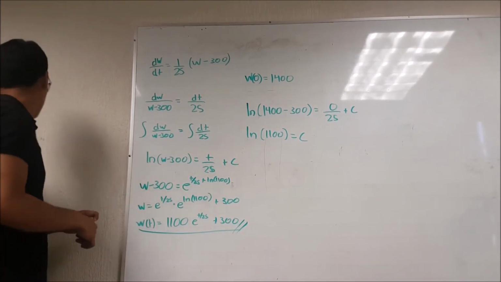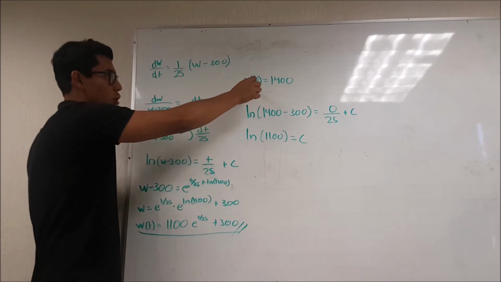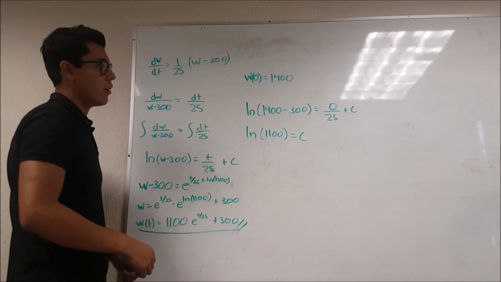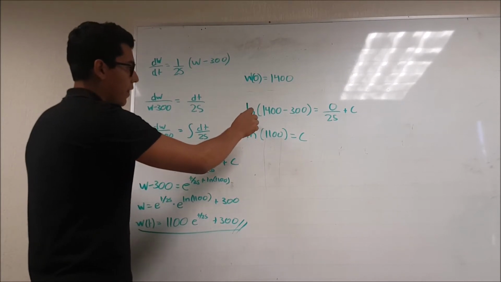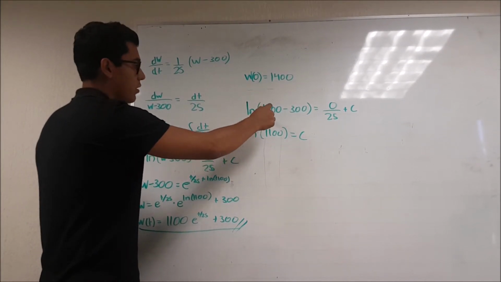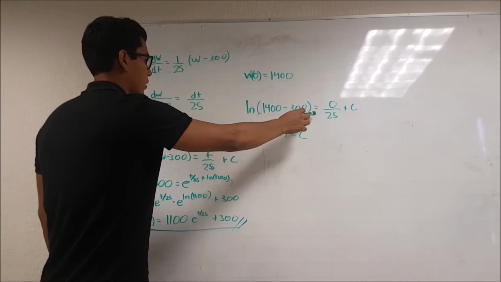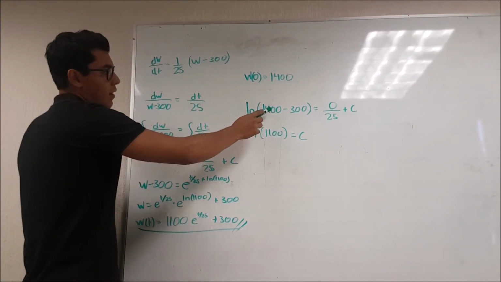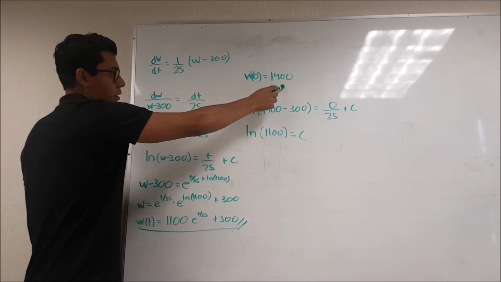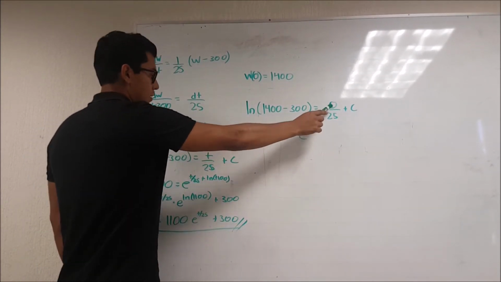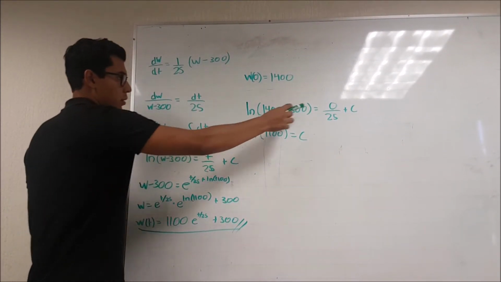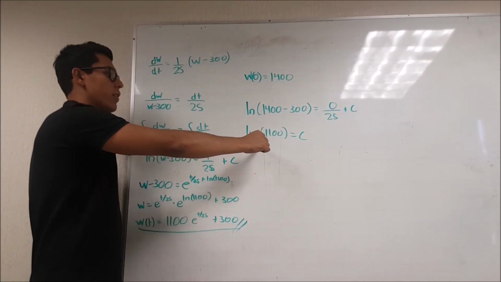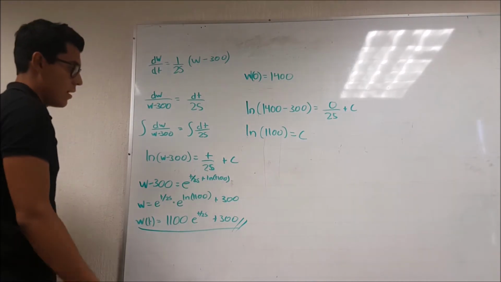So to get c, we need the initial condition W of 0 is equal to 1,400. So we get that ln of 1,400 minus 300 is equal to 0 over 25 plus c. We get this because W of 0 is 1,400 and t is equal to 0. So the c is equal to ln of 1,100.